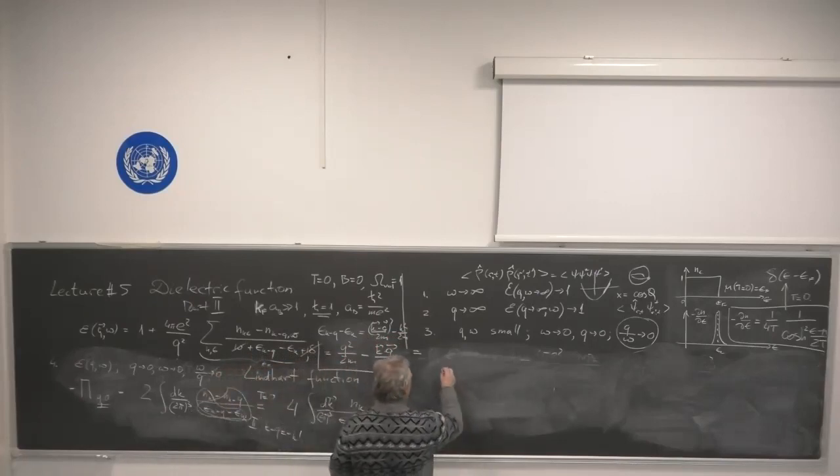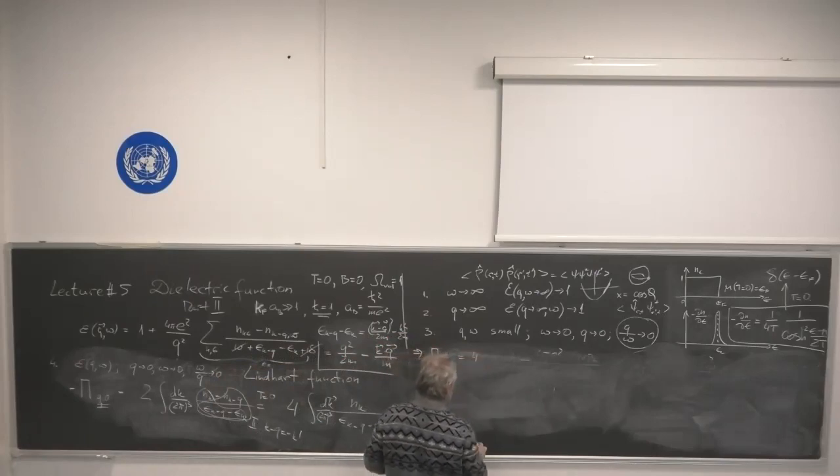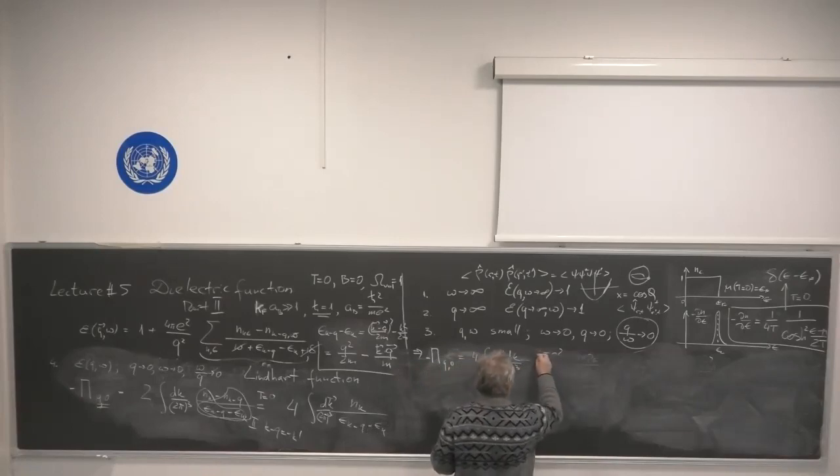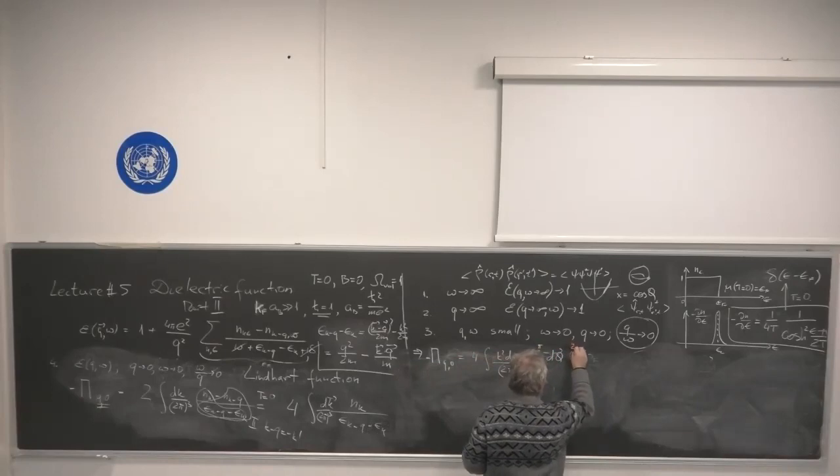So therefore I continue that P(q, 0) is equal to 4 integral k squared dk over (2 pi) cubed times integral from 0 to pi d theta, integral from 0 to 2 pi d phi.